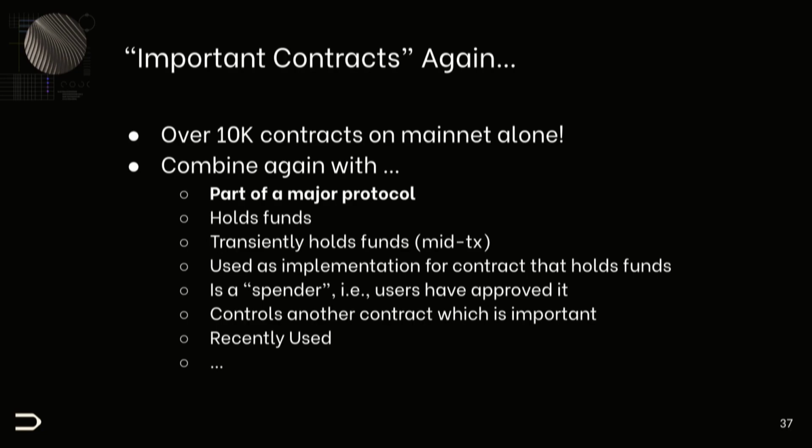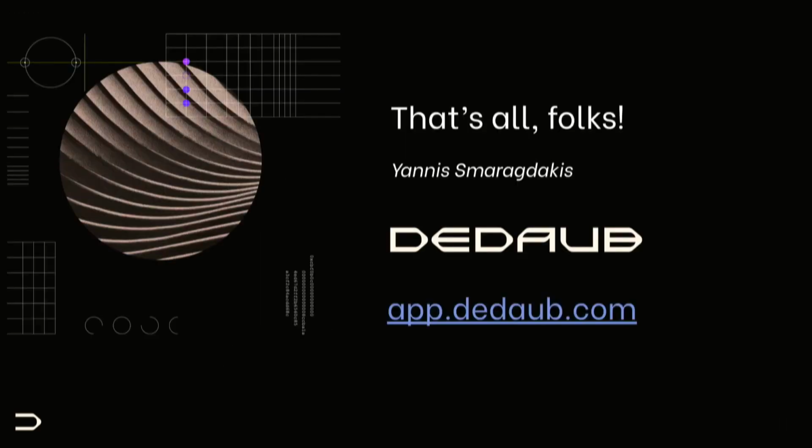Does it hold funds? Does it have permissions? Does it have approvals? Is it involved in some way in something that could control a lot of funds? And in the end, that's what human inspectors analyze. So we report a small subset of the contracts, and people go in and analyze them for vulnerabilities with manual inspection.